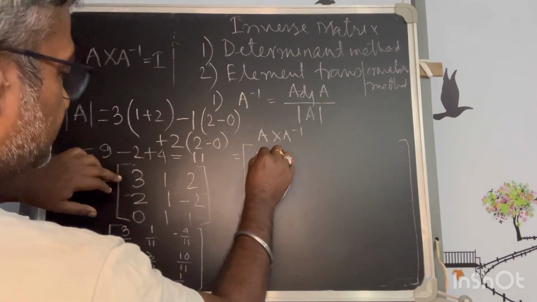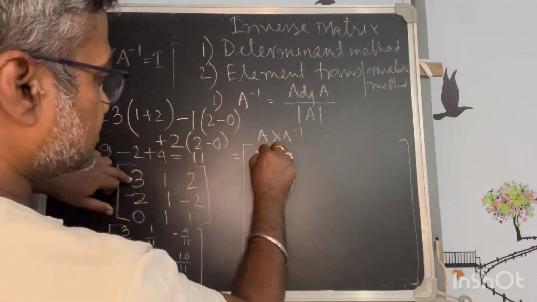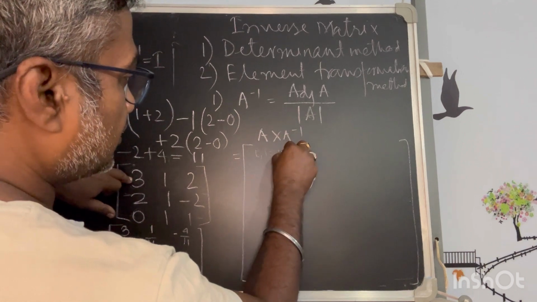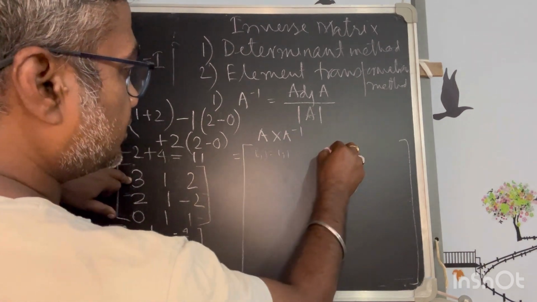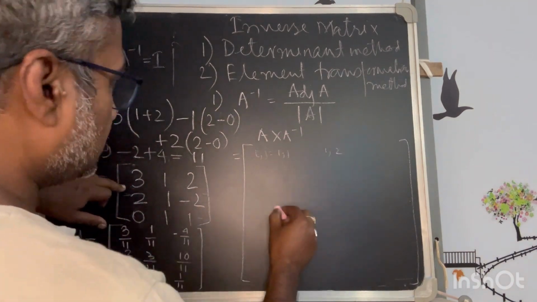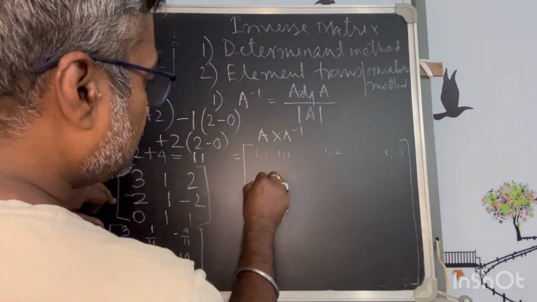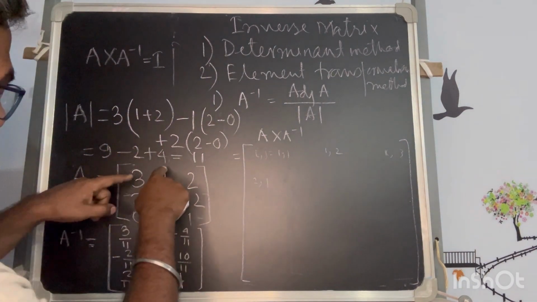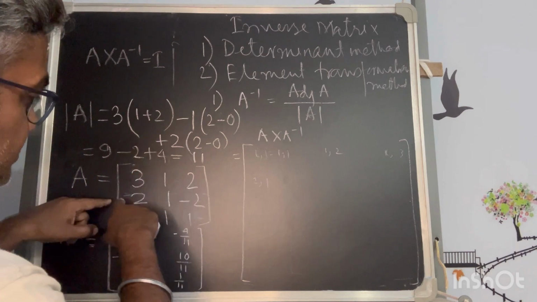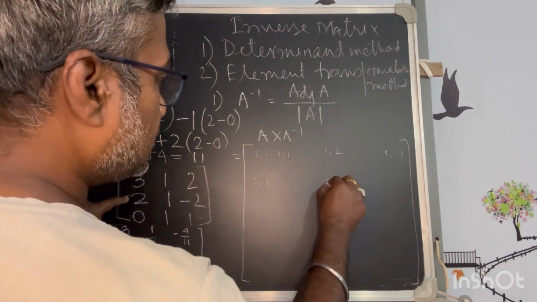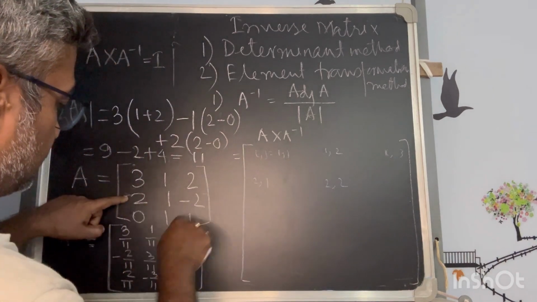For this element, first row, because this position is i and j equal to 1 and 1. For this 1 and 2, this is 1 and 3. For this is 2 and 1. So 2 means second row, first column. This is for 2 and 2, second row, second column.